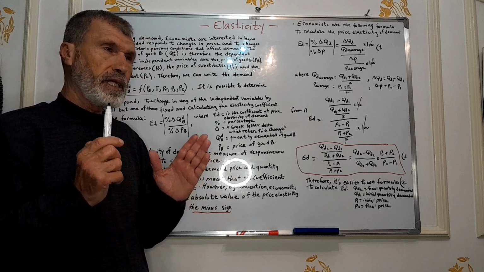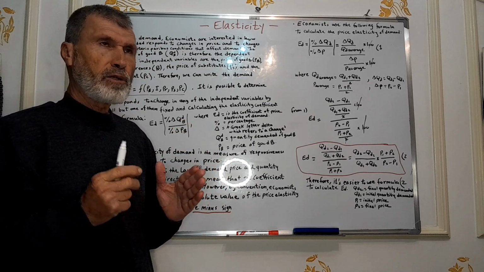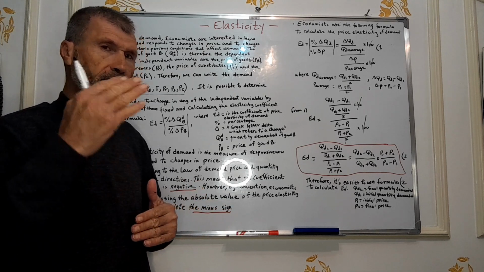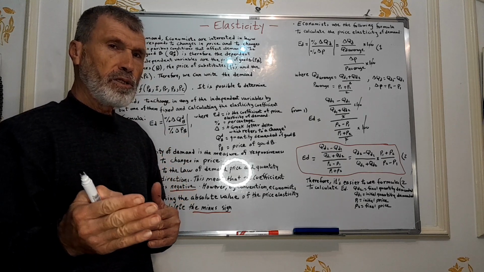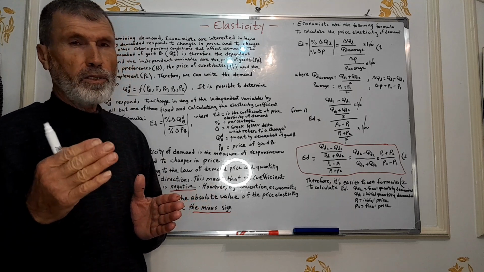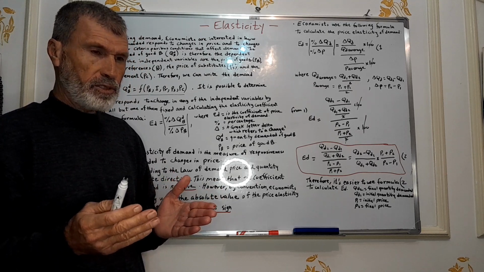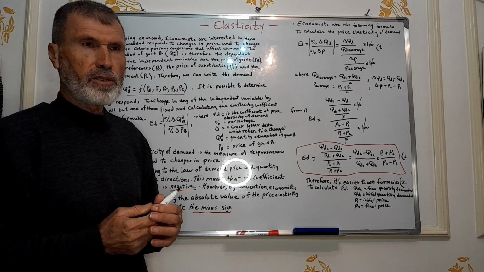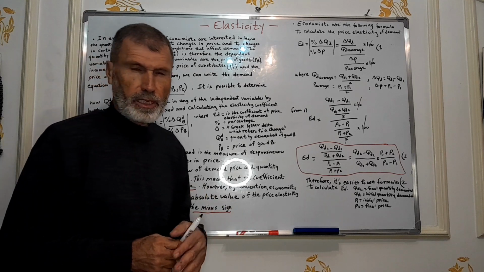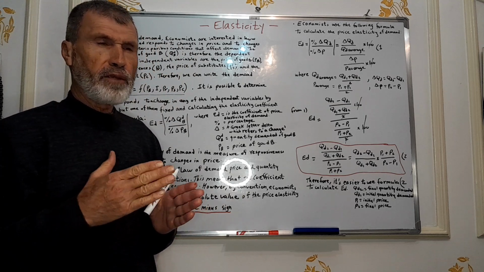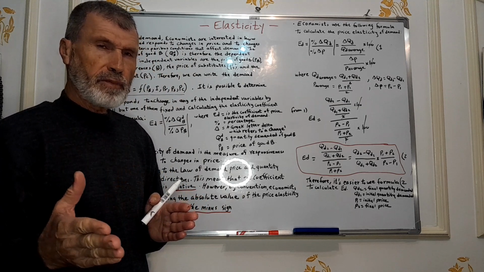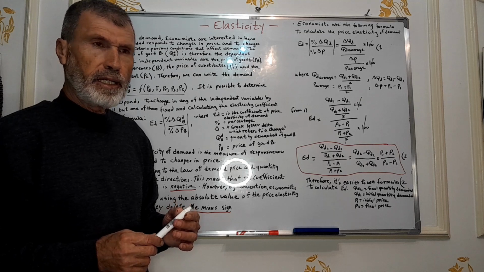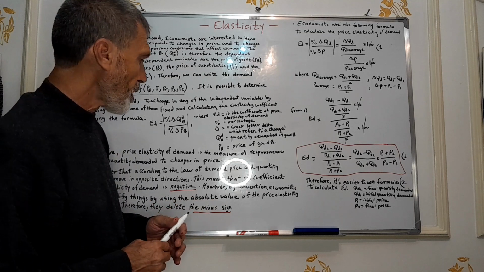Whether it is greater than 1 or less than 1, between 0 and 1, we're going to talk about later on: when the value is greater than 1, it's called elastic demand, and when the value is between 0 and 1, we say we have an inelastic demand.